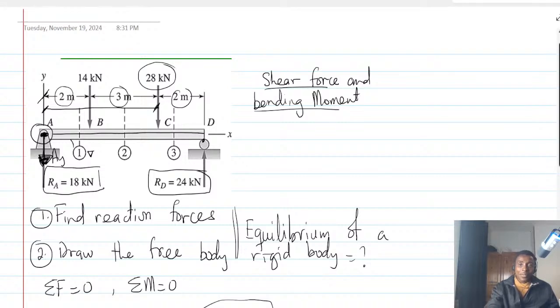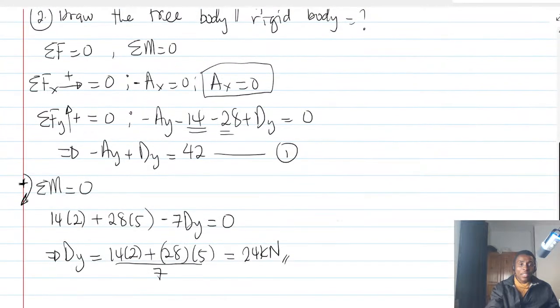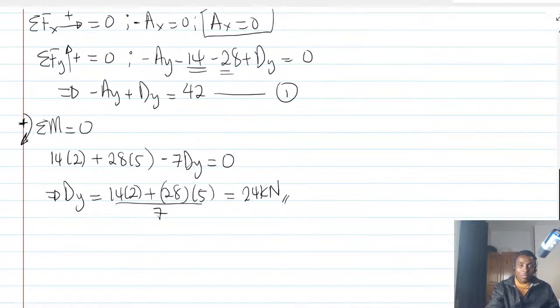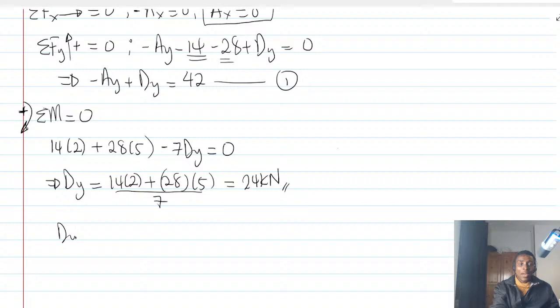So now we'll go back to equation 1 and put dy inside. And what are we going to get?